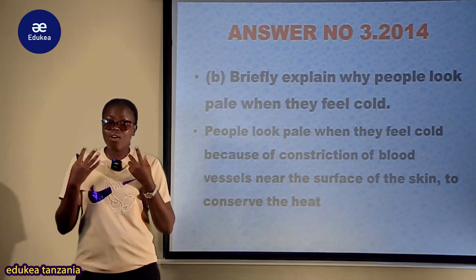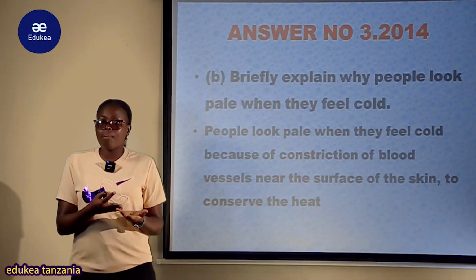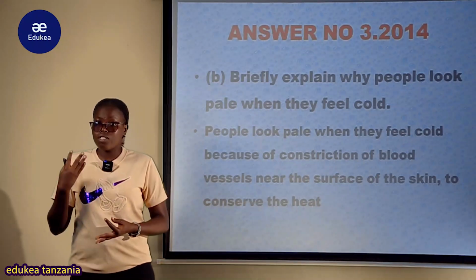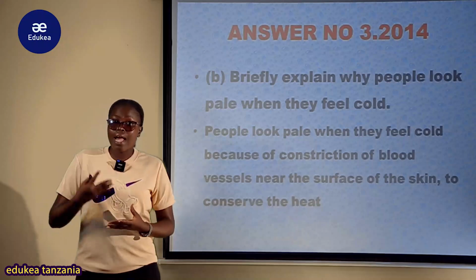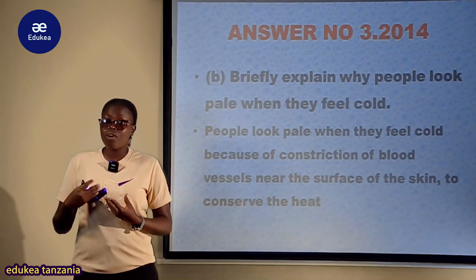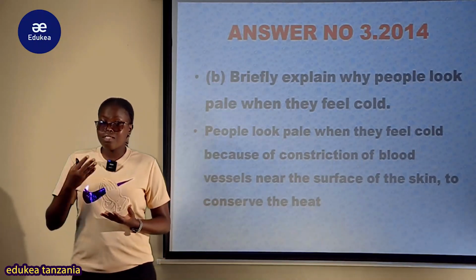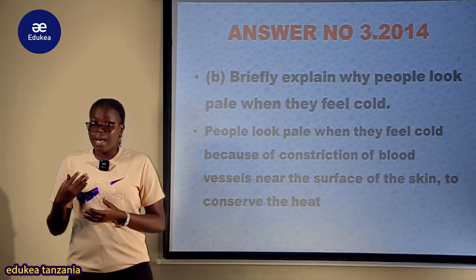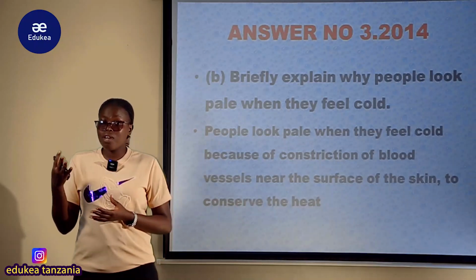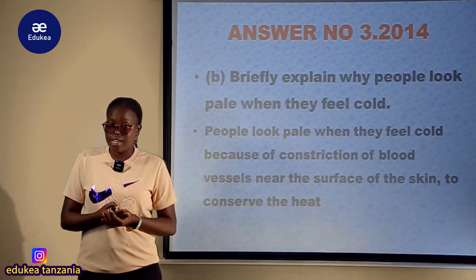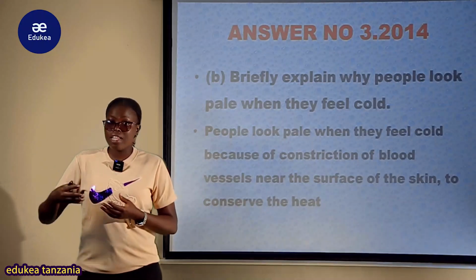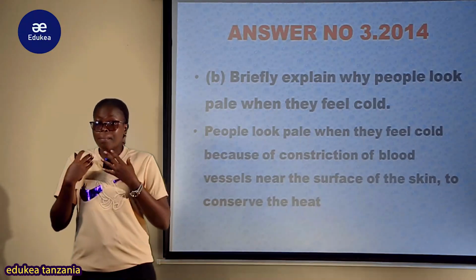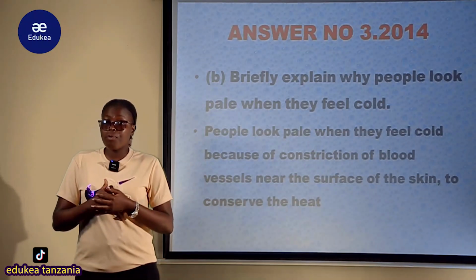This is due to vasoconstriction. It occurs due to the vasoconstriction of the blood vessels, or the superficial arterioles, to ensure that the rate of blood flowing under the skin is slowed down and the blood tends to flow deeper under the skin, so that heat is conserved to the body core for the performance of different metabolic activity, and since the body depends on enzymes to control the activity, the enzymes tend to stay at the normal, constant state. So my lovely Form 4 students, I would like to thank you for your careful attention.